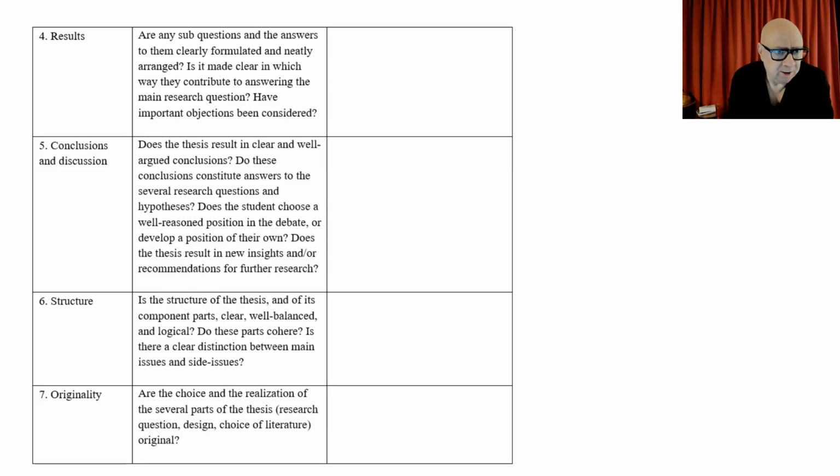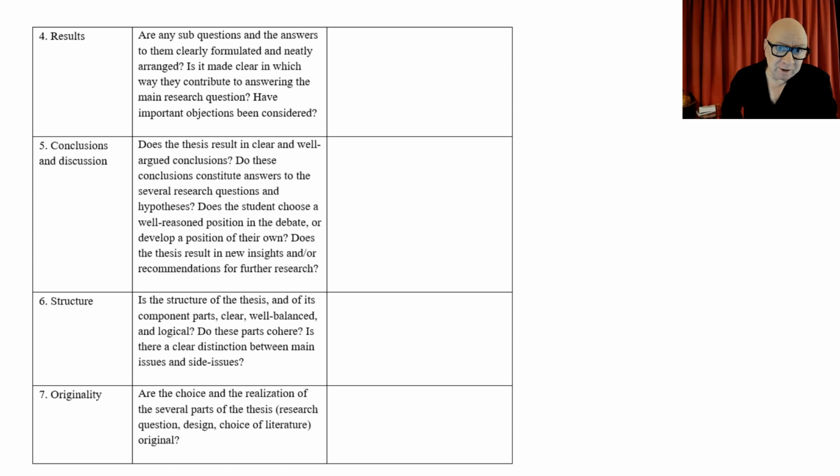Those topics are usually too broad for the 15,000 words, so you have to keep it limited, and then you say, well, this is an important issue, but due to lack of words, I cannot discuss this now. And then in your further research, you could say, well, we saw this and this, and of course, we want to do some more research into that topic that we just put aside for the moment.